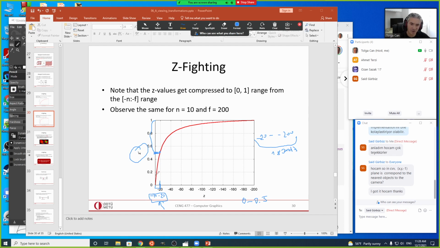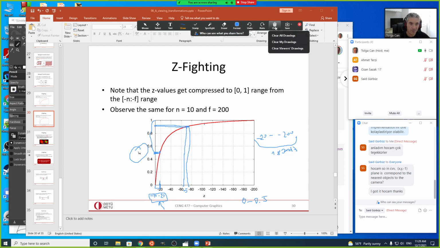So we are able to distinguish z values of objects that are very close to us. But when the objects get far away from us, the differences between their z values, their depth, are not going to be that much, although they may be 5 units away here, their z values will be very small.